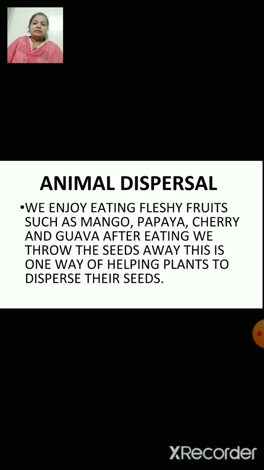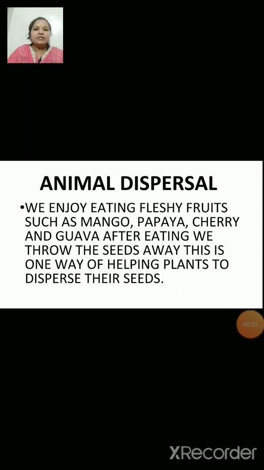Some plant seeds have barbs or other structures that get tangled with the animal fur or feather when they come in contact with the seeds. Some seeds have stiff hair or spines or hooks that stick to our clothes, or cling on to the fur or skin of animals and get carried to long distances.